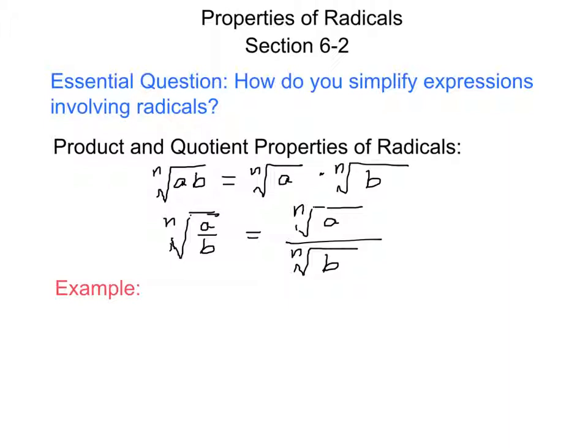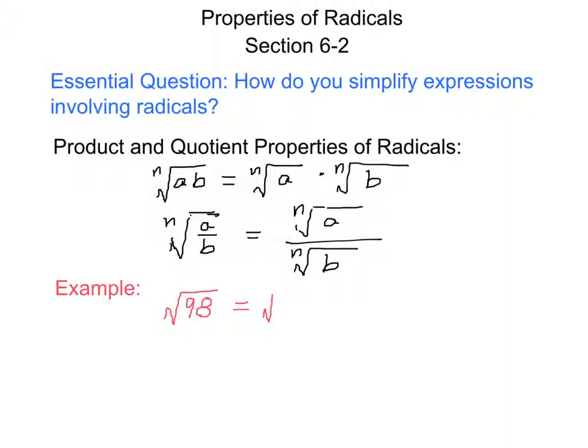Say, for example, that we've got the square root of 98. Now, if we can find the factors of 98, and if one of those factors is a perfect square, we could ideally simplify this. Well, what is 98 equal to? 98 is simply equal to 49 times 2.